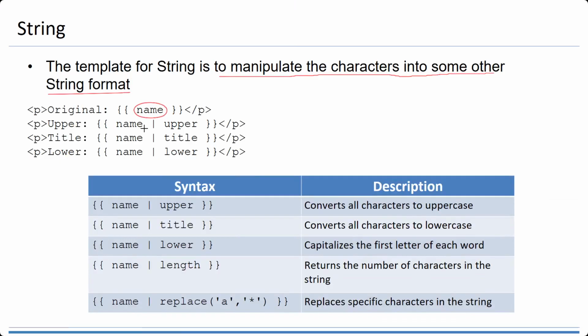And then I want to show something with different characters. For example, I'm using upper. So when I print name, let's use upper. This upper is a string component that converts all characters to uppercase.